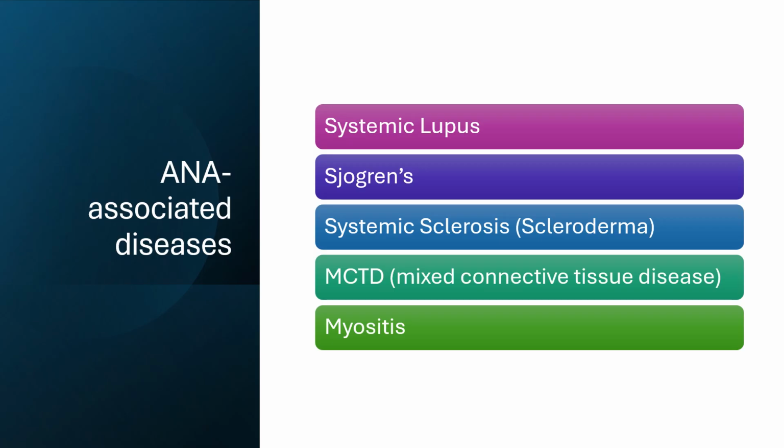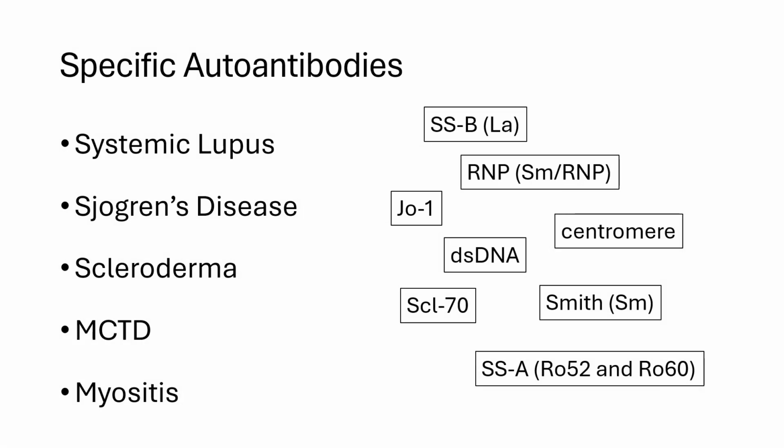But let's think about the most common antigens that are associated with an ANA and what association those have with specific diseases. Here is a listing of the more common specific antigens or specific antibodies that are seen associated with a positive ANA.